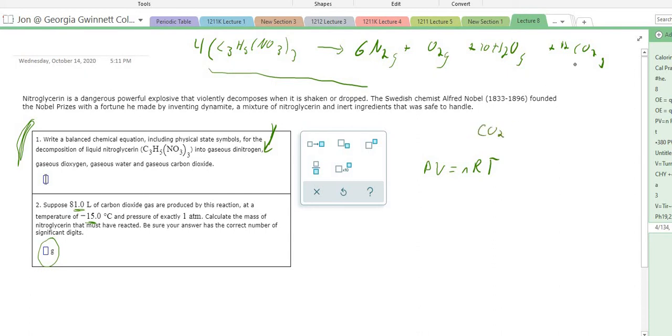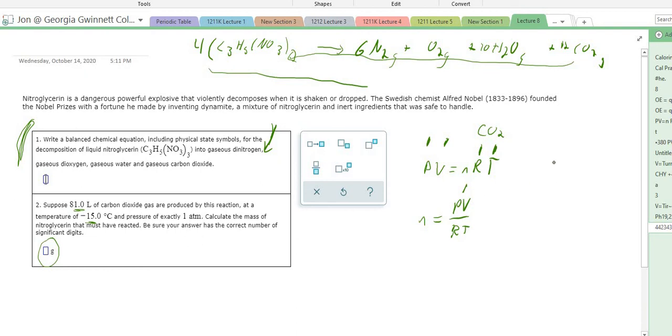But from our carbon dioxide, we can use our stoichiometry to get at the nitroglycerin that was consumed. So I have a pressure of 1 atmosphere, a volume of 81 liters, and I know R. It gives me a temperature in degrees Celsius, so we'll have to convert that into Kelvin. Then I can solve for n, the number of moles of CO2, so n equals PV over RT.